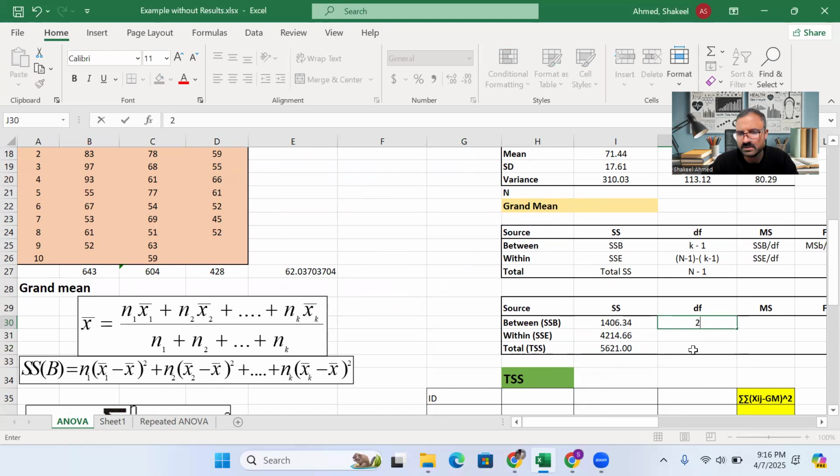So the degree of freedom is k minus 1, and here the degree of freedom is total. We have 27 observations, and the degree of freedom is 26, and then 26 minus 2, the degree of freedom is 24.